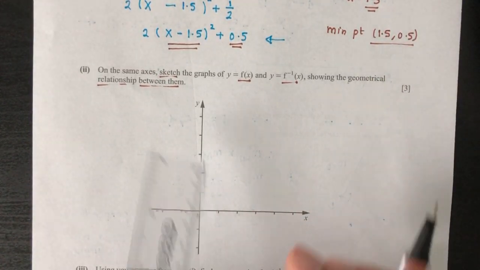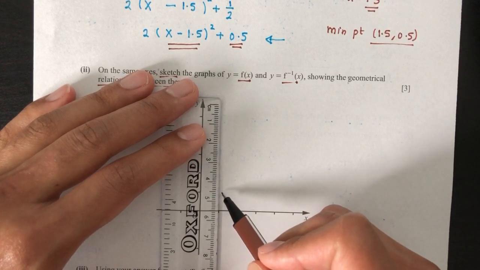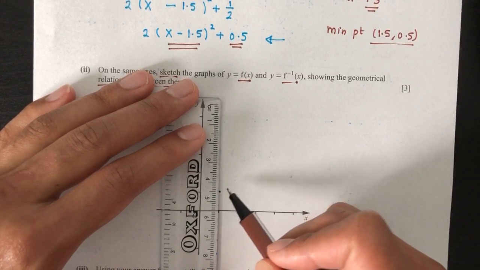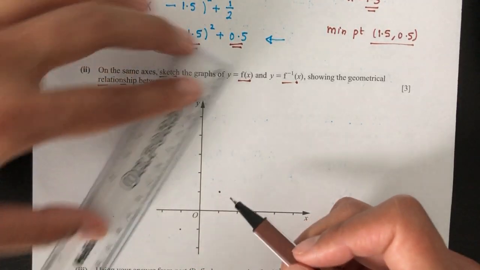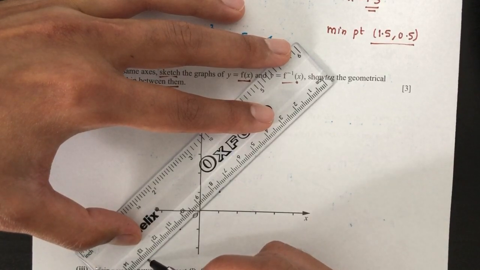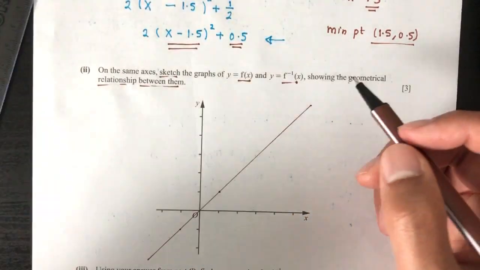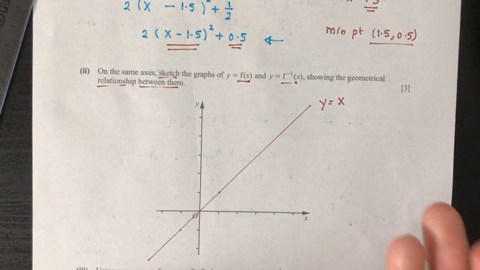So let's first draw this line. If you connect these two, that is your line y = x, and each graph is only a reflection of the other.